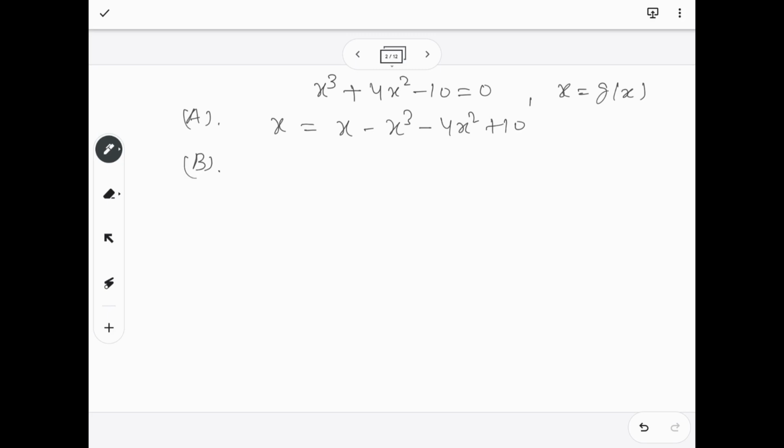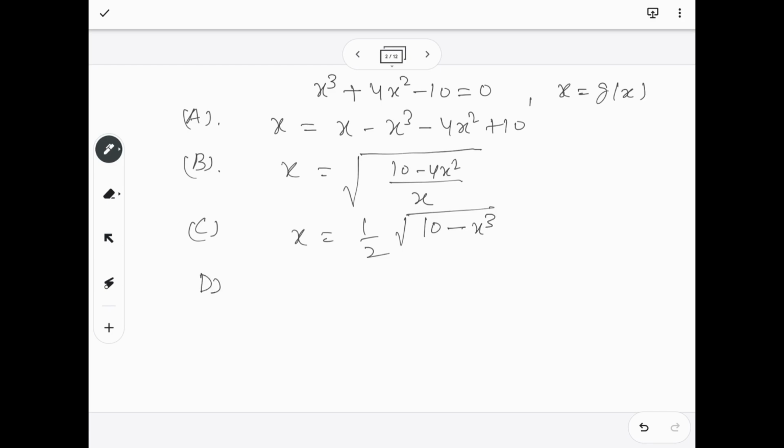Another is x equal to square root of (10 minus 4x square) by x. Another method is x equal to 1 by 2 root over 10 minus x cube.